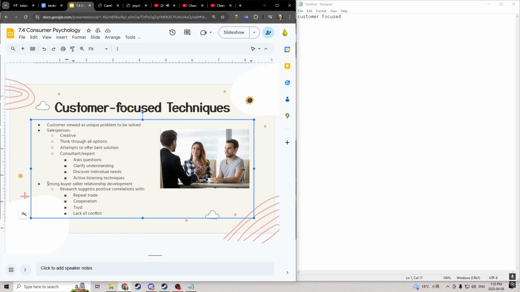And this creates a very strong buyer-seller relationship development. Research suggests positive correlations with repeat trade, cooperation, trust, and lack of conflict.